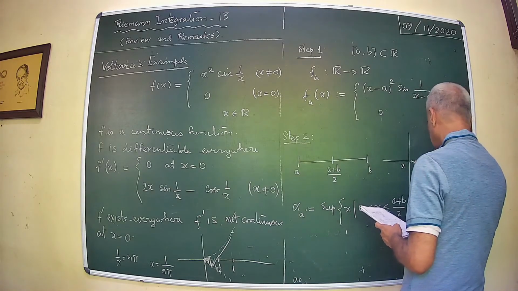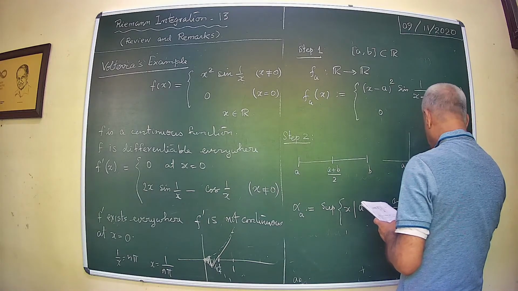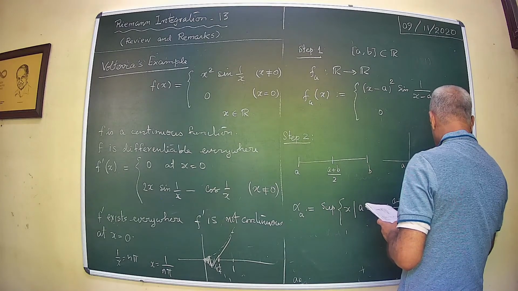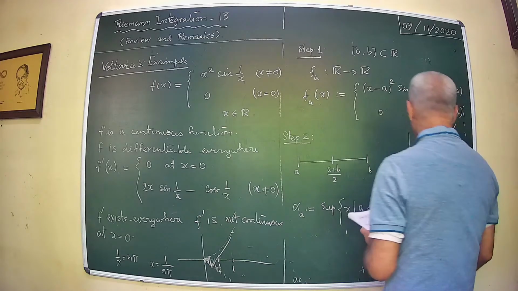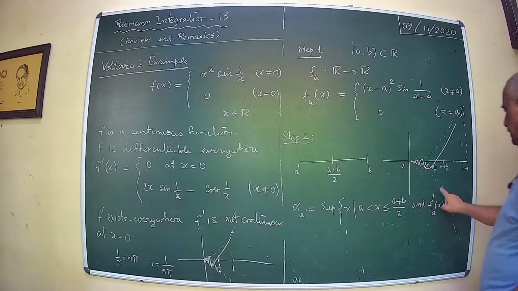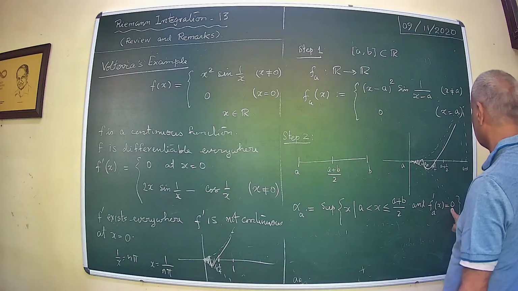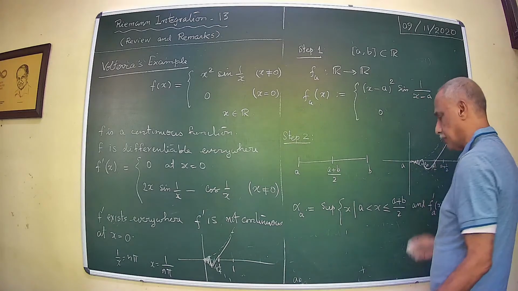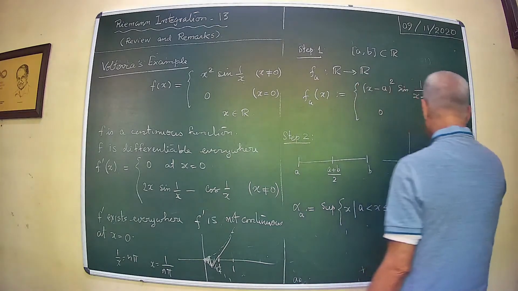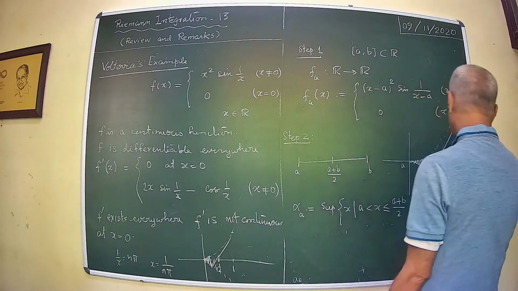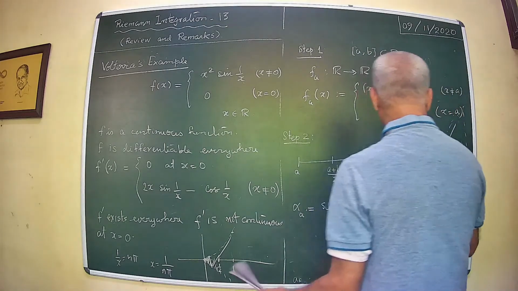and f derivative. Now, where does the derivative vanish? F a derivative of x equal to 0. So, it is at the points where the function attains the maximum or the minimum. It depends on the point b, so a plus b by 2.